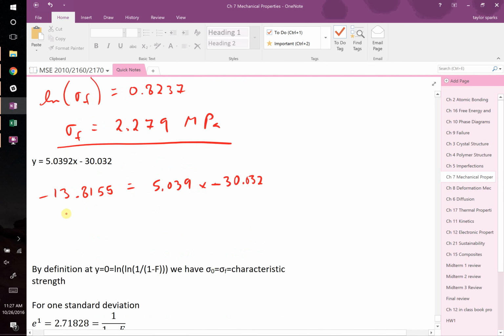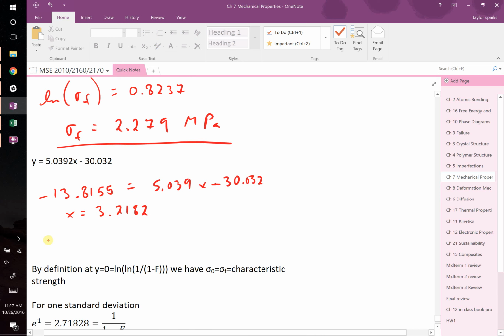Now when we solve for x in this scenario, x equals now 3.218.